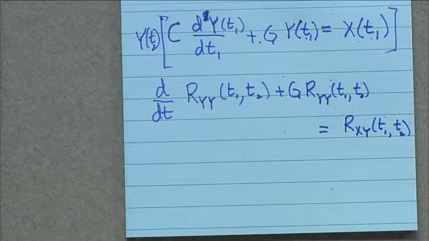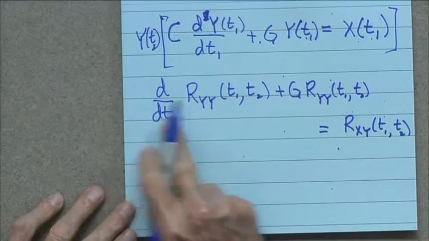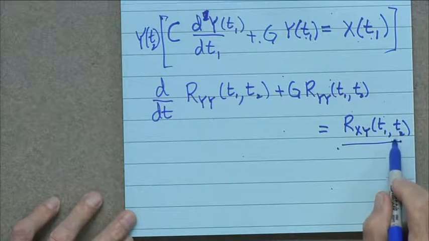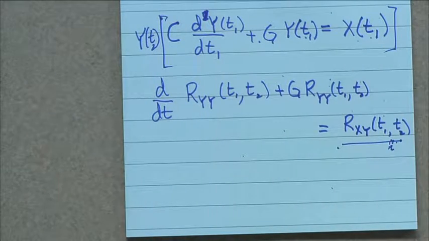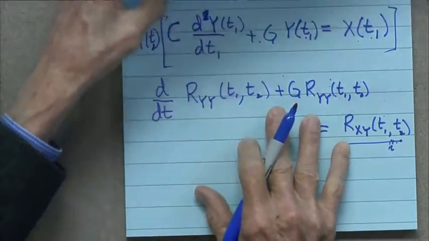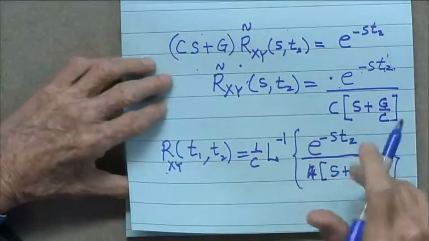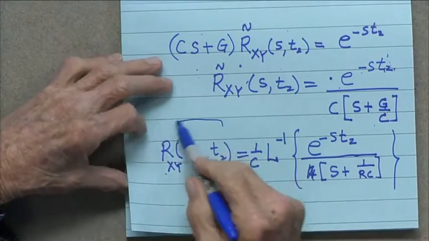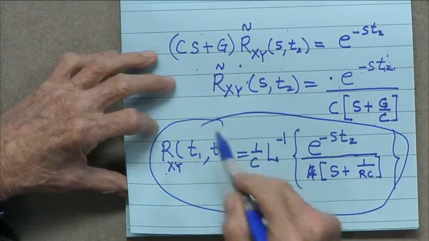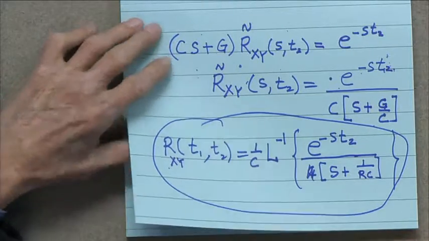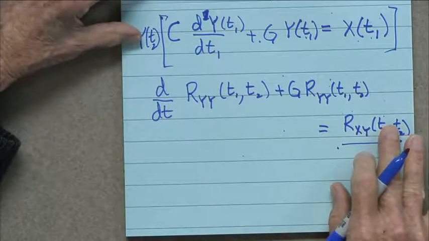So we have another differential equation to solve. And so we take the Laplace transform again. You know, we already have the Laplace transform of that because that's what we started with. See, here's our R_XY. So we go about the Laplace transform.